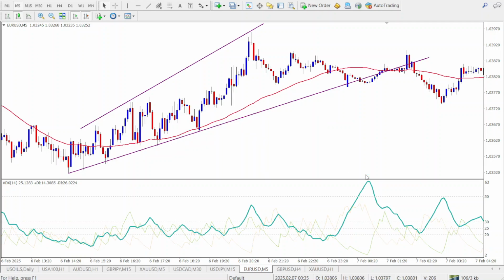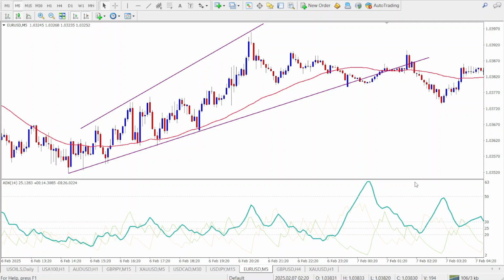Let's avoid those distractions. Because this strategy is focused on the ADX line itself, okay? So if the ADX is below 20, the market is not trending, and it is best to wait for a clearer setup.